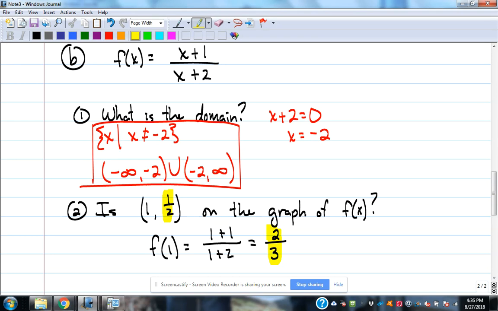If these two don't match when I plug 1 in, it can't be. If they do match, then yes, it is. Since they don't match, when I plug 1 in for x, I get 2/3. Remember, x's can't repeat themselves if it's a function, right? So the only thing I can get when I plug 1 in is 2/3. I can't get 1/2 ever. So this is not on the graph.